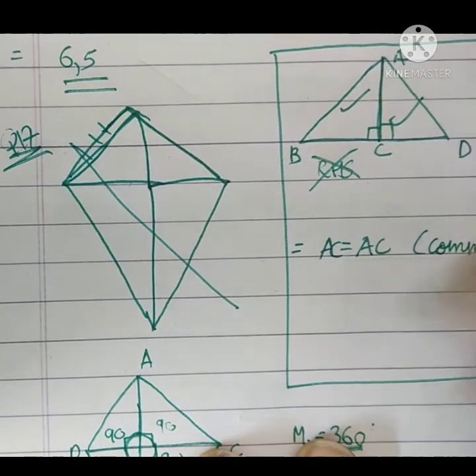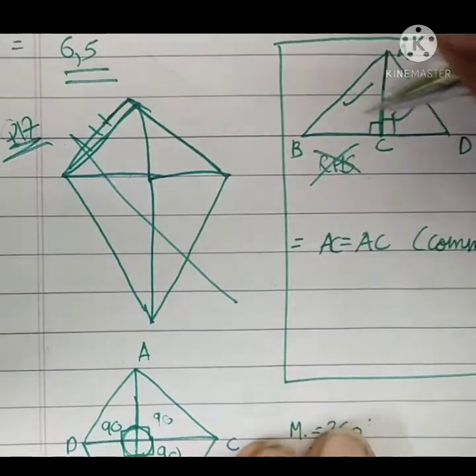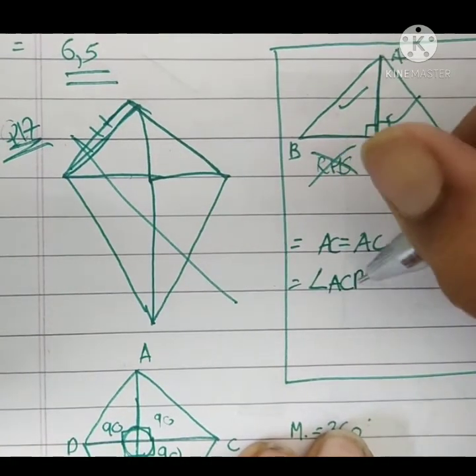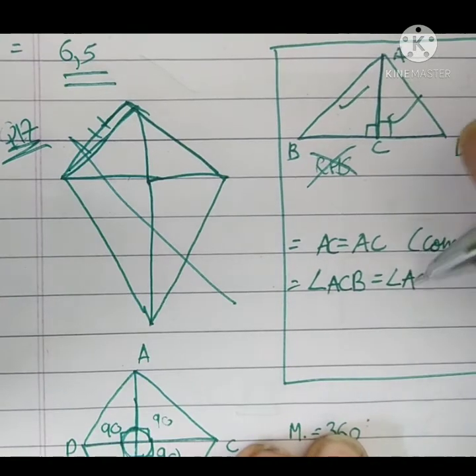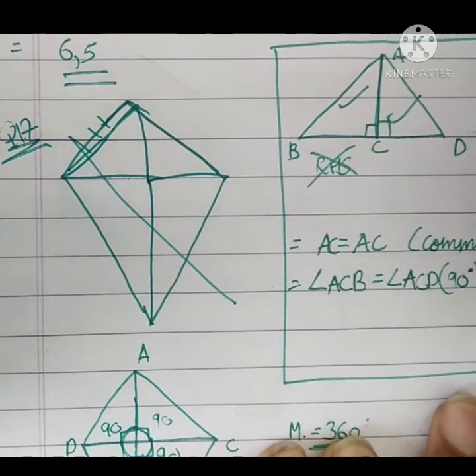You have to write this in the exam. Now angle ACB is equal to angle ACD, which is 90 degrees, perpendicular lines.